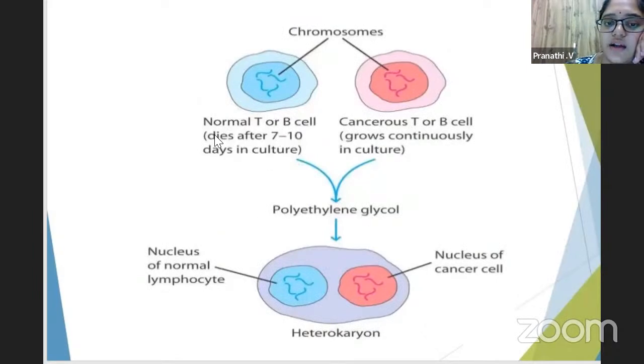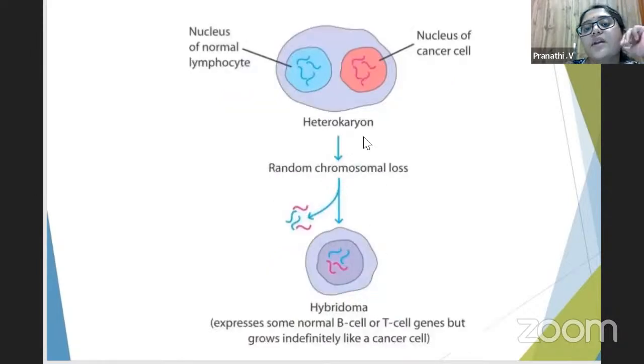Normal chromosomes will die after 7 to 10 days, whereas cancer cells, T cells or B cells, will keep on growing in the culture. Whenever you use PEG, which is your fusant, it is going to have the normal lymphocyte nucleus as well as the heterokaryonic structure. Excess chromosomes that are not going to stay anymore are going to come out.